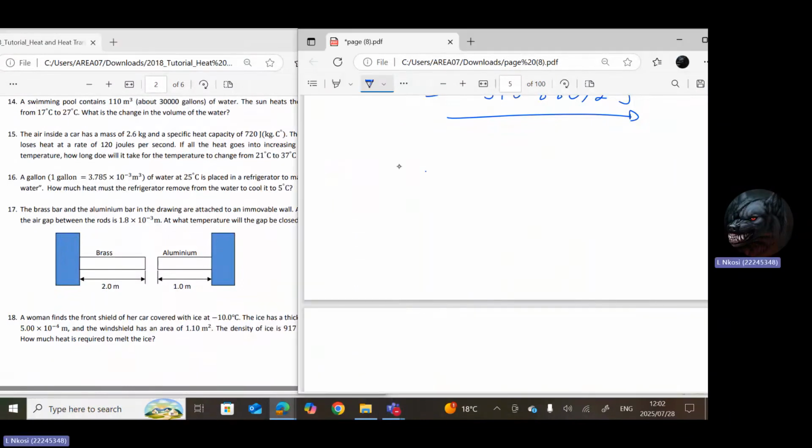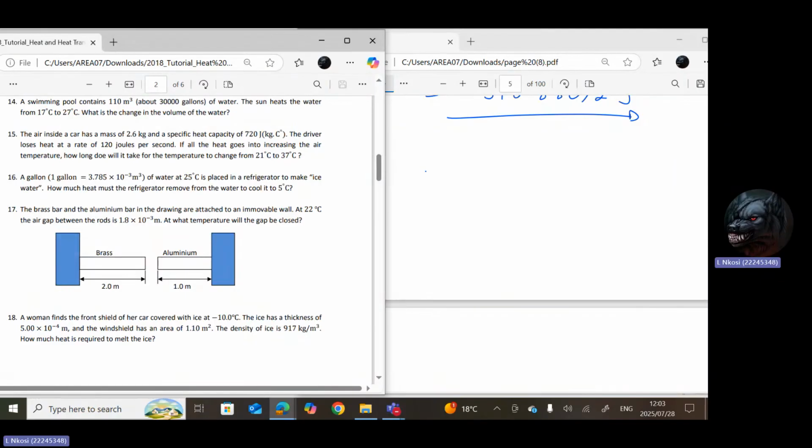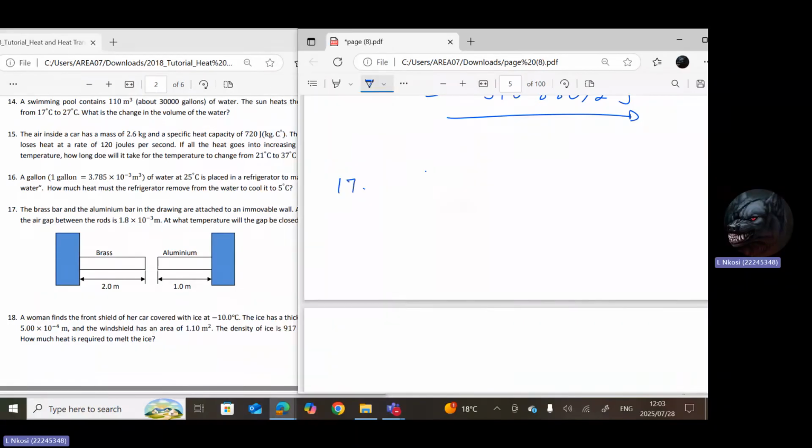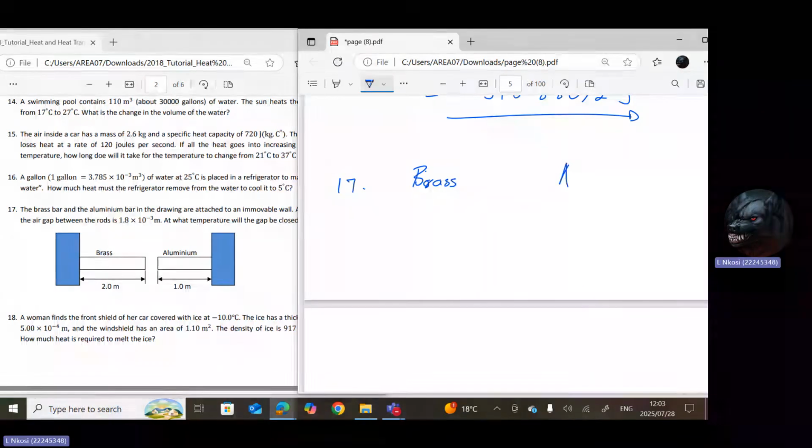Number 17. A brass bar and an aluminum bar are in the drawing, attached to an immovable wall. Okay, so we have brass and we have aluminum.